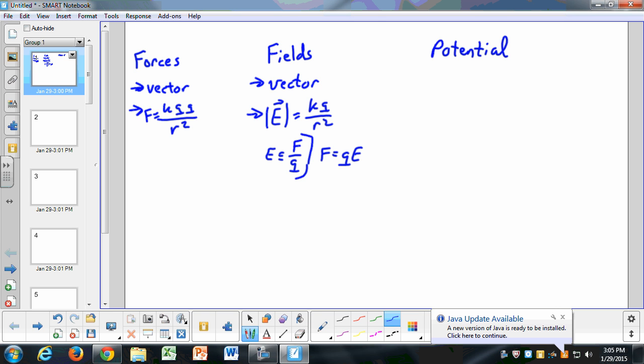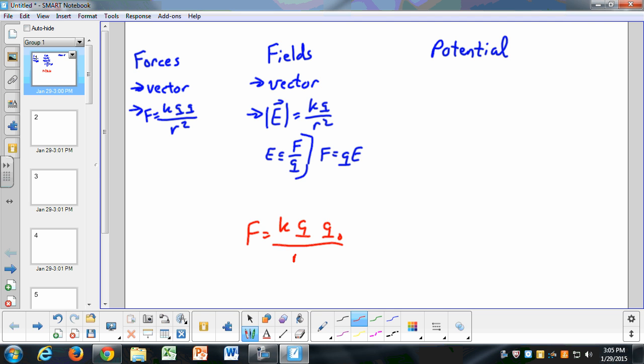It doesn't matter. Actually, this Q that we're talking about, and this is just the definition of the electric field, is an imaginary charge, right? It's just something that you use to sample the electric field. And so when we write this out, our force is the force between some charge Q and some imaginary test charge divided by R squared.